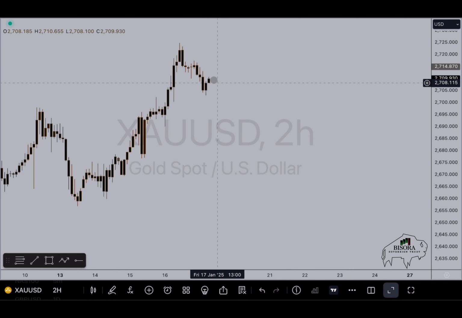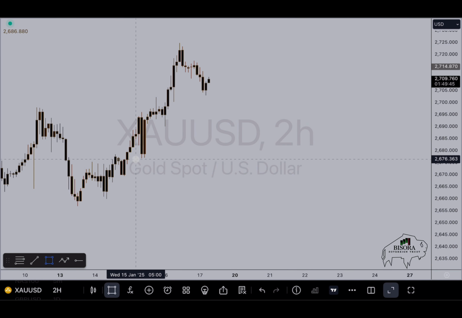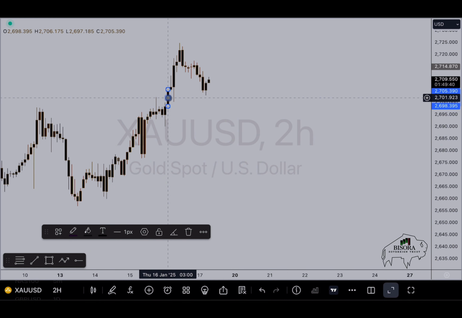So let's see if we can find a pendulum. We have this as our pivot point. More recently, we have this as our pivot point. And this one I'm going to highlight for you guys because this one is a little bit harder to see.